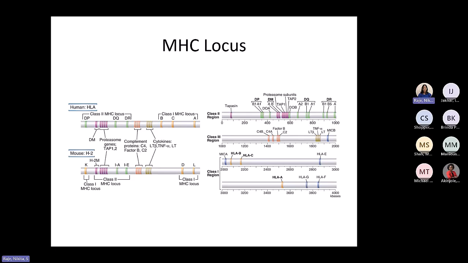All right. Just showing this MHC locus, you can see some class 2 MHC and class 1 MHC genes located on the human HLA locus. There are some other genes located here, such as TAP1 and TAP2, that you might notice up here.